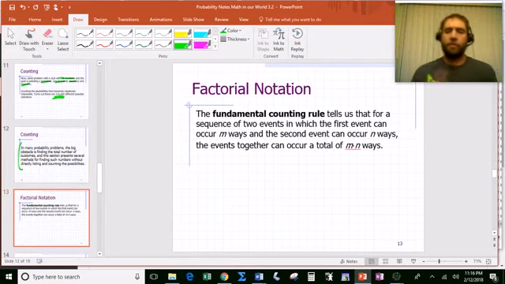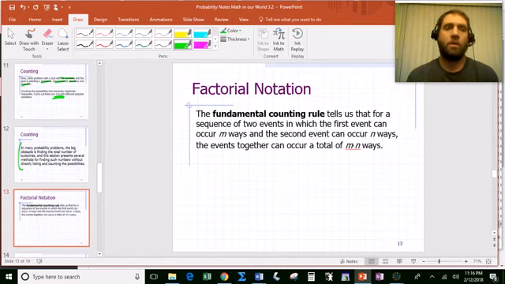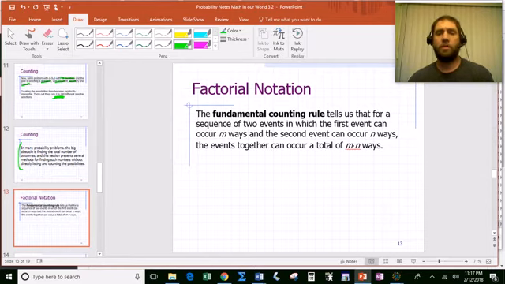So the first tool we're going to use here is the fundamental counting rule. What this tells us is that for a sequence of events or a multi-step procedure or experiment, the number of ways that the entire event could happen is equal to the product of the number of ways each step could happen.